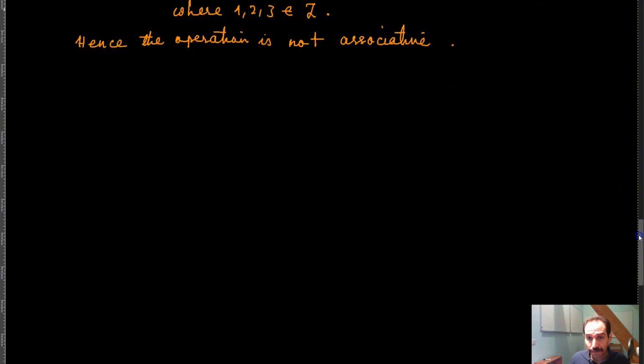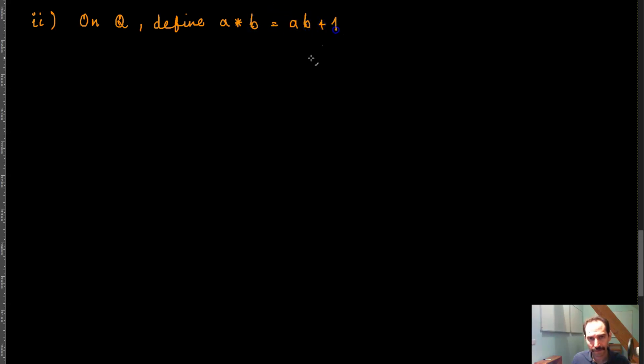Now part 2 of this question is on Q. On Q, define A star B is equal to AB plus 1.